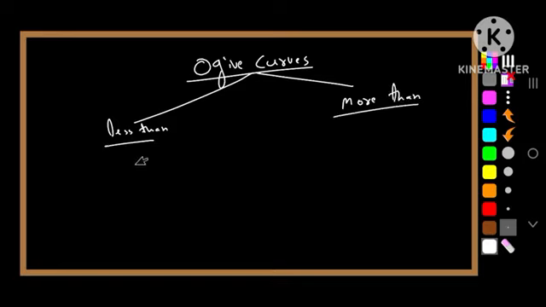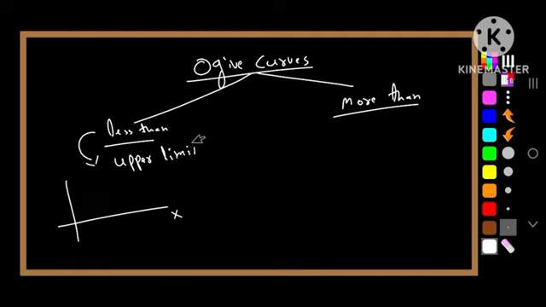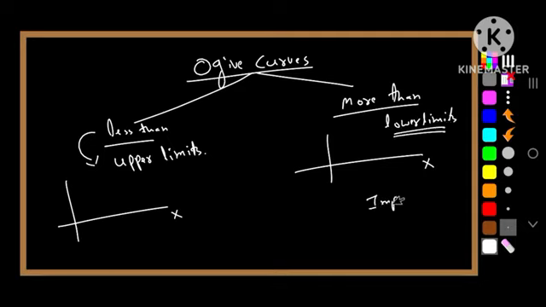For the less than OG curve, you have to remember that on the x-axis you always take upper limits, and for the more than OG curve, on the x-axis you always take lower limits. So you have to remember this important point.